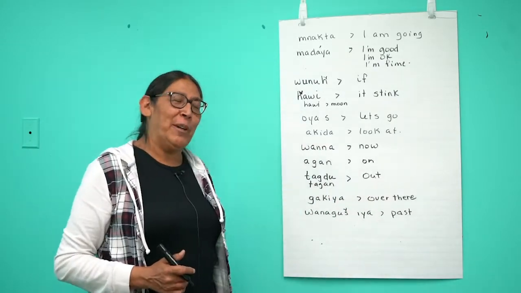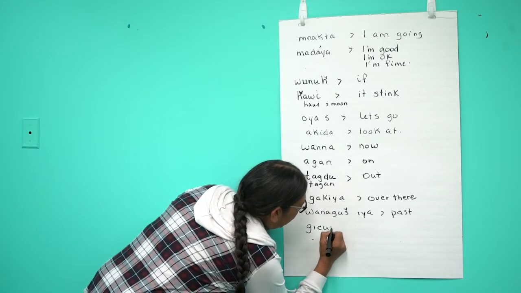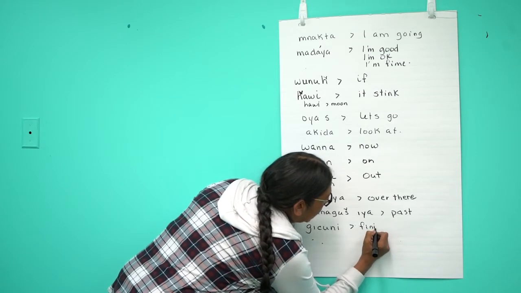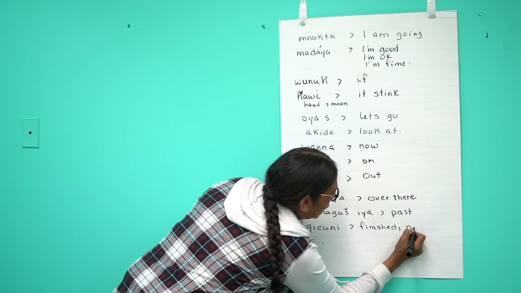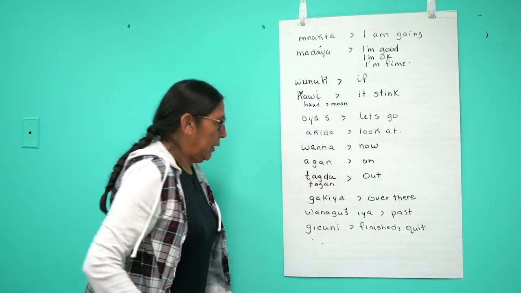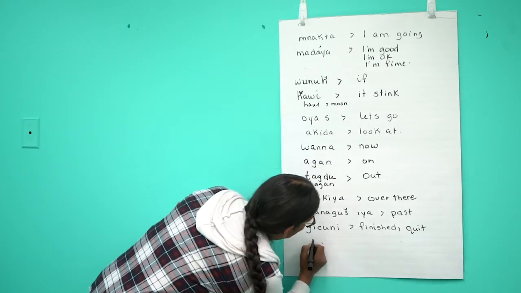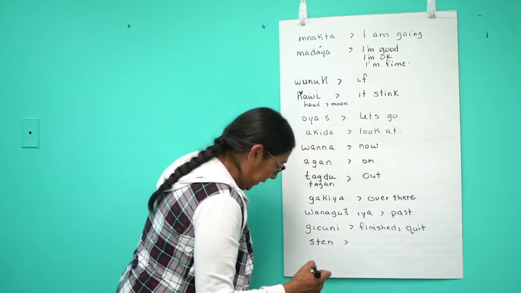Gichuni, to quit or be finished. Gichuni. And that is to be finished or to quit. Sten. You notice if you do a lot of reading, sten means like then.